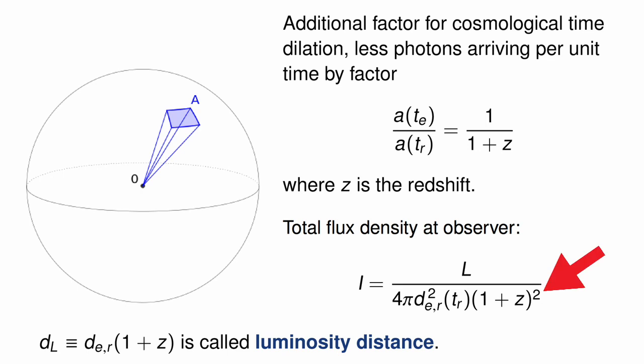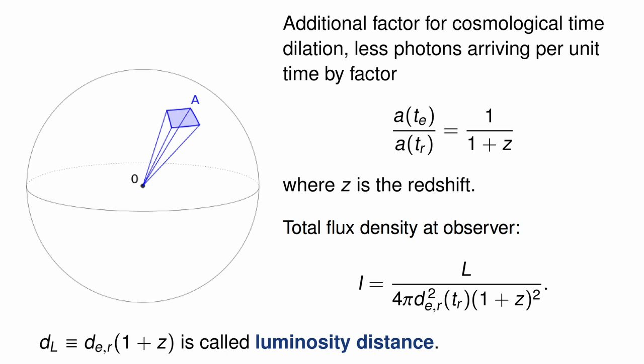And I have this additional factor, 1 plus z squared. And that is new. That comes into play directly through the cosmological redshift and the cosmological time dilation. So if you look at this formula, it's really not that different from the usual inverse square law, except that I have this 1 plus z squared factor.